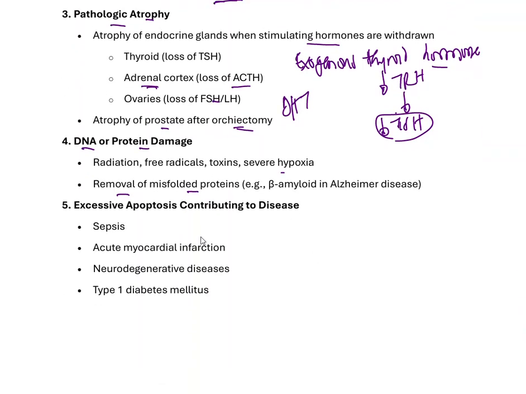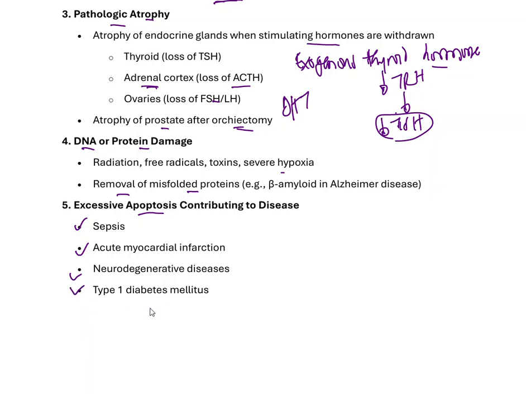So moving on, guys. Excess apoptosis also contributes to other diseases. So diseases like sepsis, acute myocardial infarction. Remember, with acute myocardial infarction, necrosis could also be involved, and what type of necrosis? Very good, coagulative necrosis. But apoptosis could also be involved. Neurodegenerative diseases, like Parkinson's disease and Alzheimer's disease, apoptosis is also implicated.